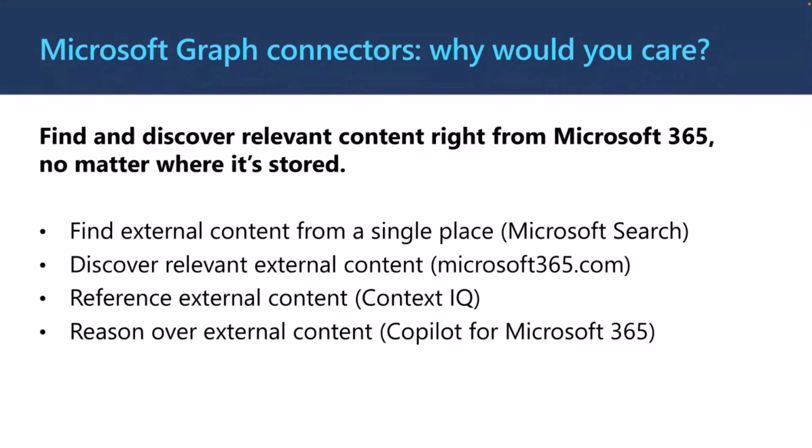With Microsoft Graph connectors, you can find the content in your org from one single place, being Microsoft 365, no matter where it's stored. So no longer do you need to worry about which app, who put it there, and so forth. All of that is available right at your fingertips. And what's really cool is that you can not only find the content that you need, but you can also find out about new content.